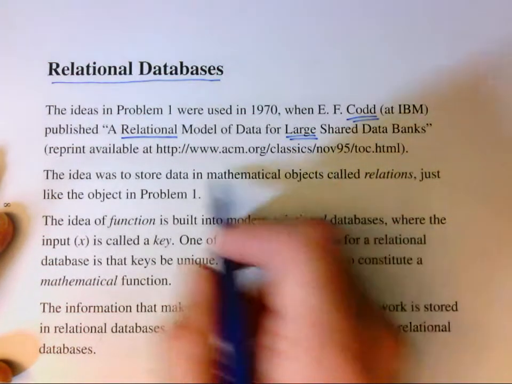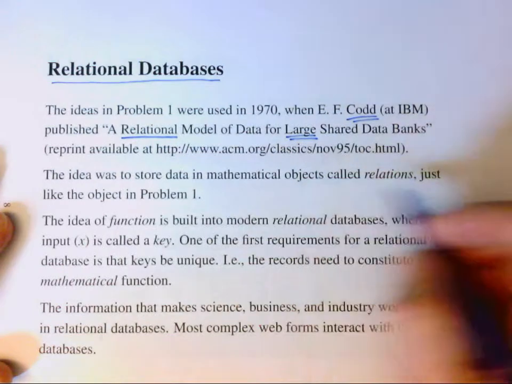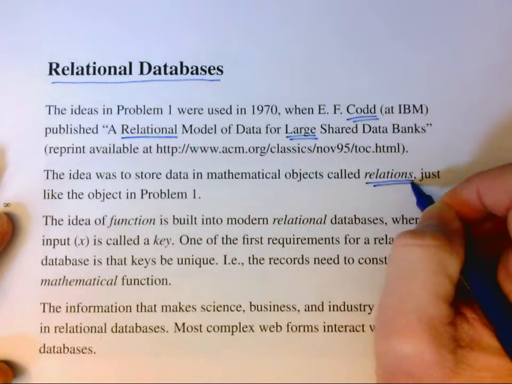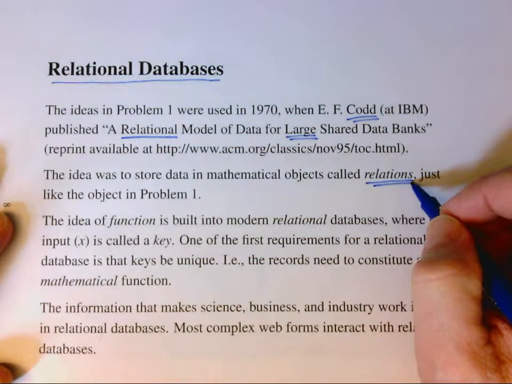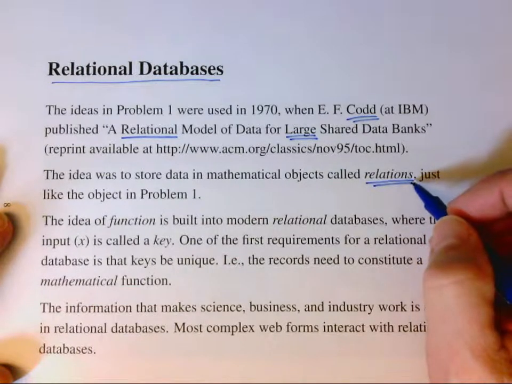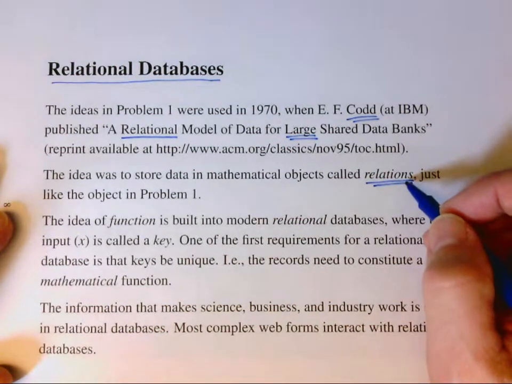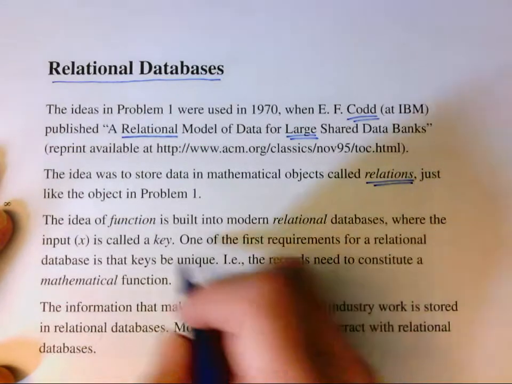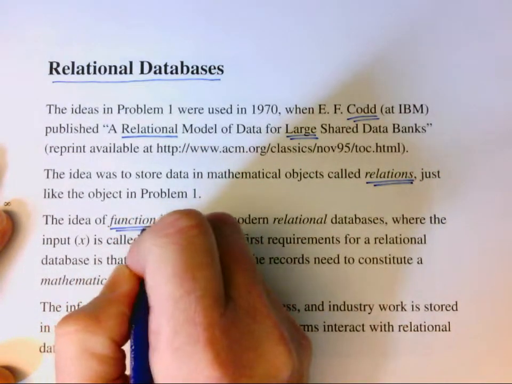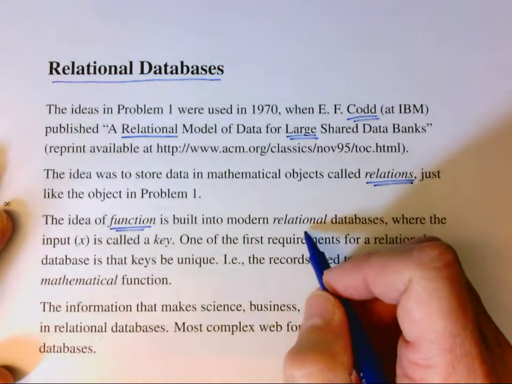And the entire idea, he used the word relation exactly as we use the word relation. It was a way of keeping information together. You could keep an X and a Y and a Z and a W. You could keep hundreds of variables together in one related group. The idea was that you would use a function to connect these things.